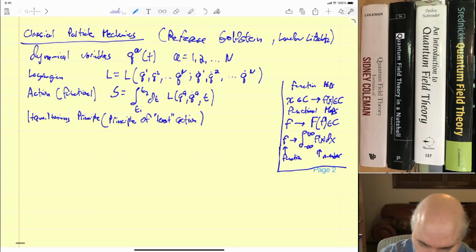And what we do is when we say that, we imagine making a change in our dynamical variables, at each point in time we change the value, except at the beginning and end points of the integral.